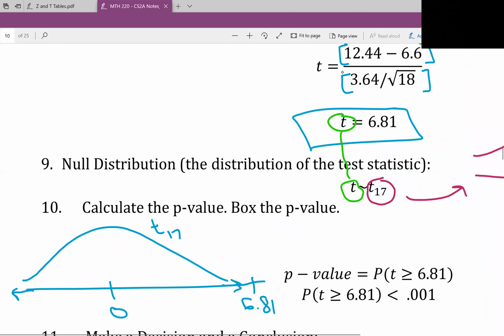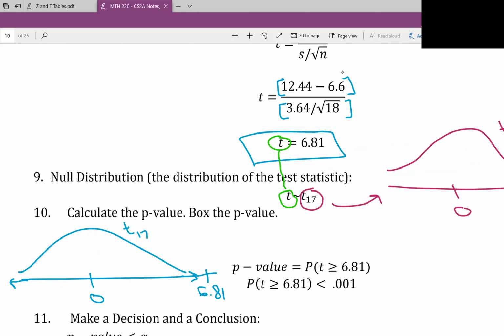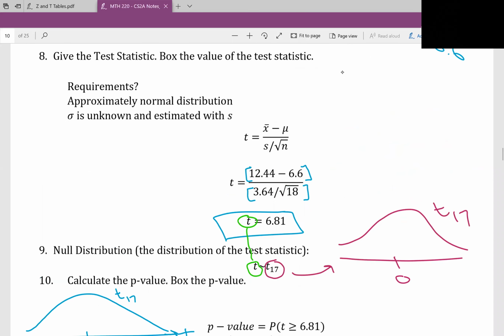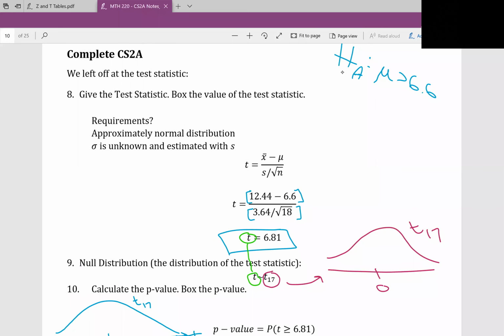Now, what we need to remember about our p-value is we always have to start with our probability statement, okay? And where does our probability statement come from? No other than, of course, our definition of p-value. The p-value is the probability of observing the value of our test statistic, or more extreme, if H0 is true.